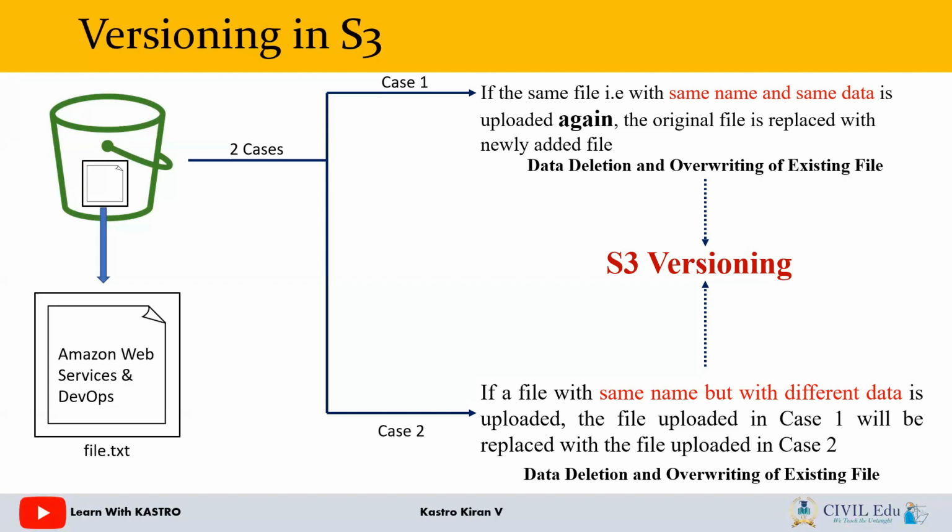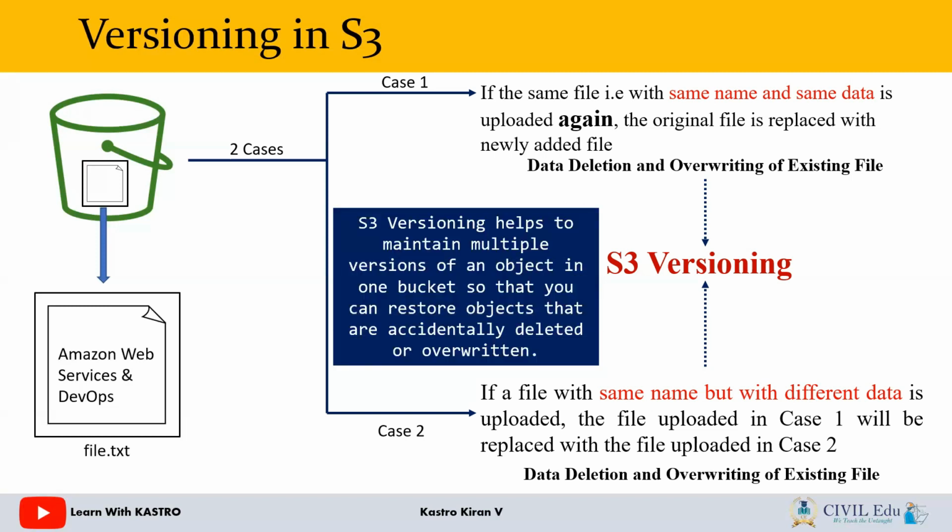To take care of this kind of problem, we are going to use a concept called versioning. So what is versioning? Versioning is a technique that helps us maintain multiple versions of the same object that are uploaded into the same bucket. Remember, the same file name has to be uploaded into the same bucket.